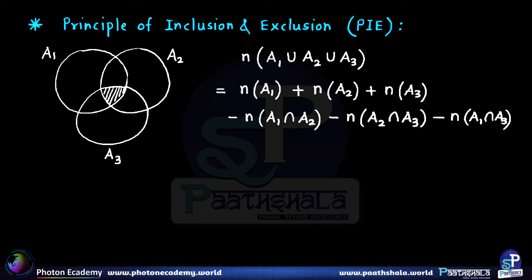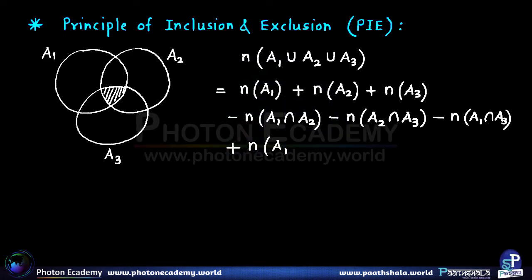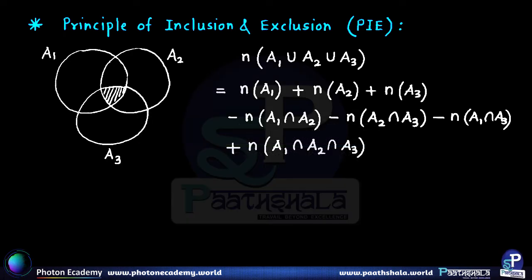So that means effectively we have not yet accounted for this particular shaded region which is common to all the three sets. So therefore now we must bring back that particular count by adding n of A1 intersection A2 intersection A3. So now that completes the entire counting, and this is how we use the principle of inclusion exclusion, by alternately including and excluding the different possible overlap areas.